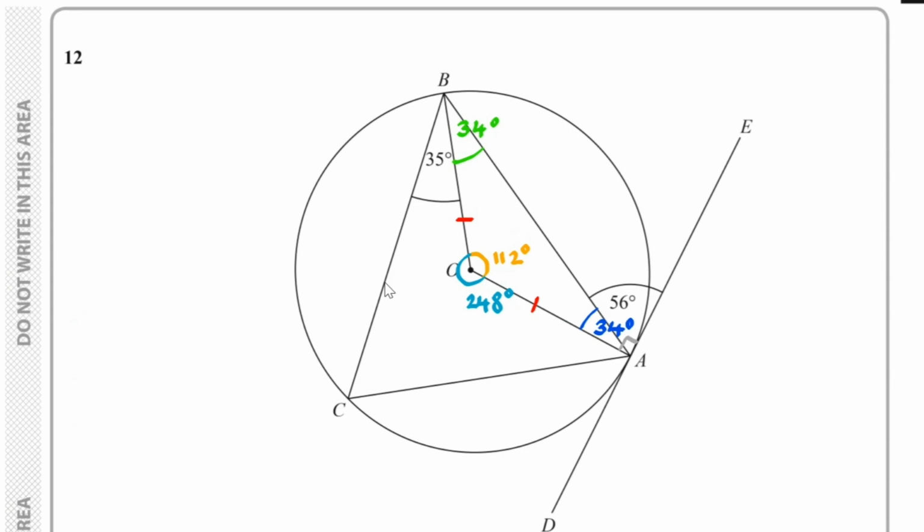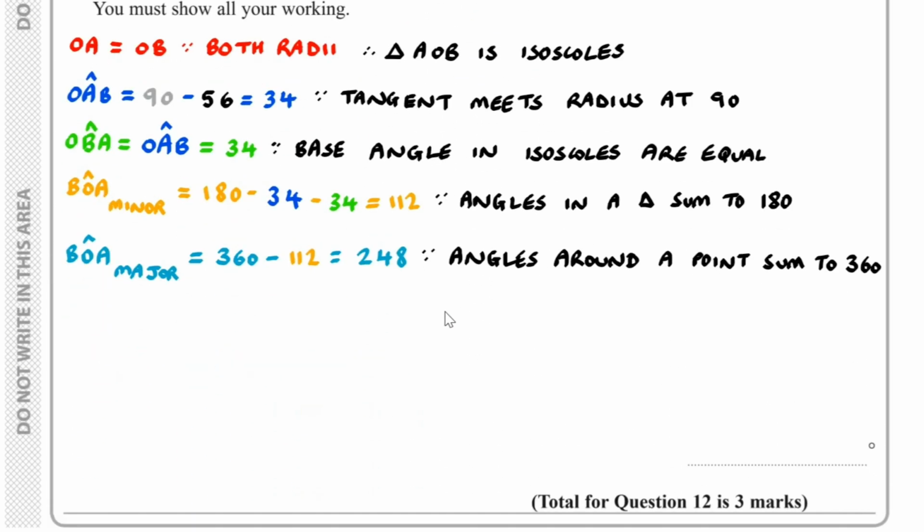Now, what we can do is find out what BCA is, which is this angle here, by recognizing that the angle at the circumference is half the angle at the centre.